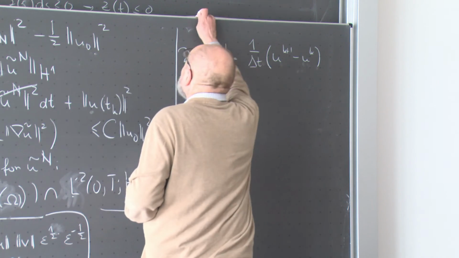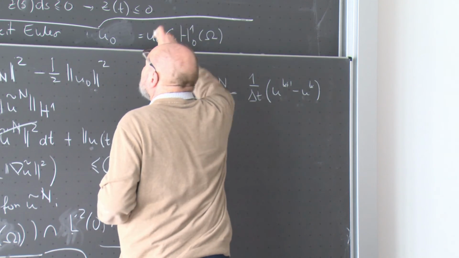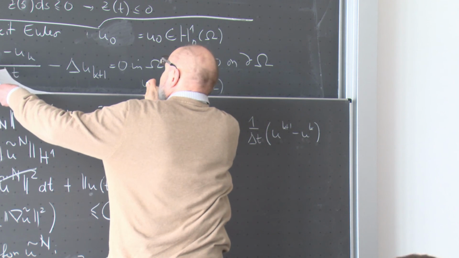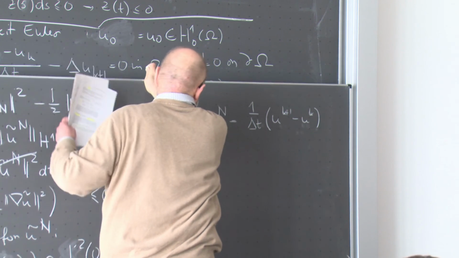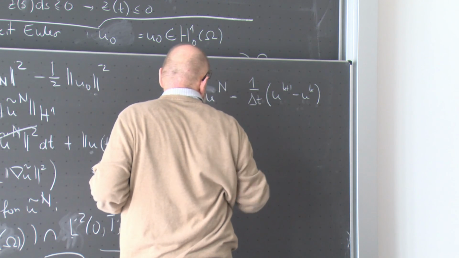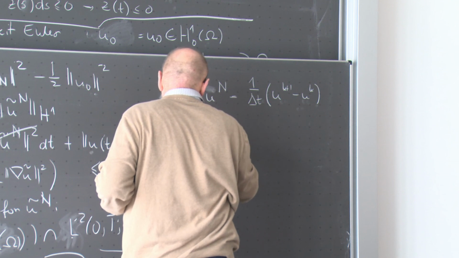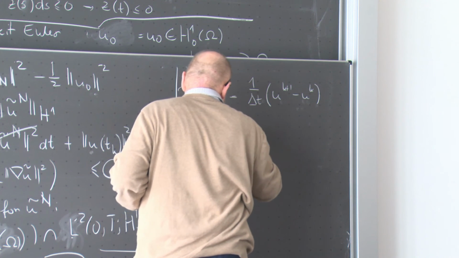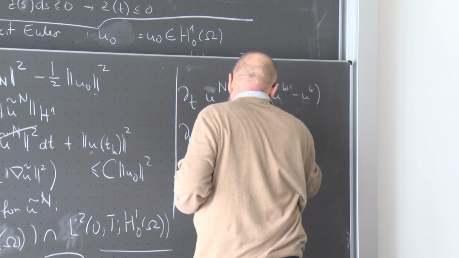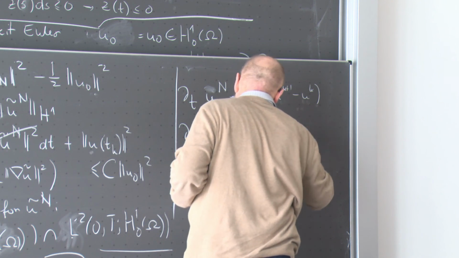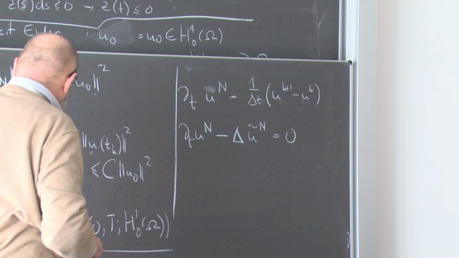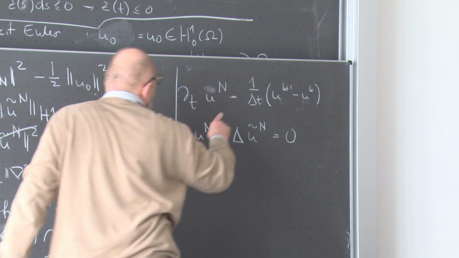If I now look at this part which you don't see here, if I just copy the equation again, I can substitute, as we have just said, the difference quotient by the time derivative of un, and here we have the Laplacian of u tilde n. So we said we have bounds here.